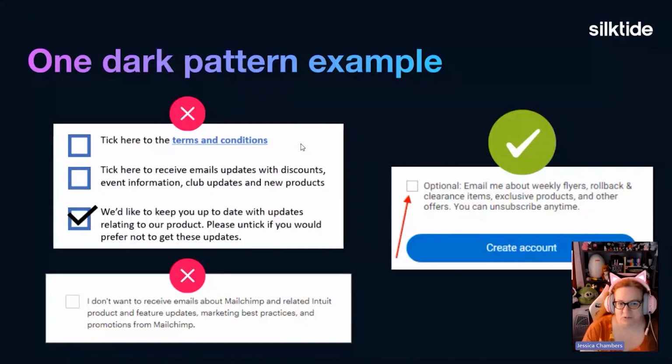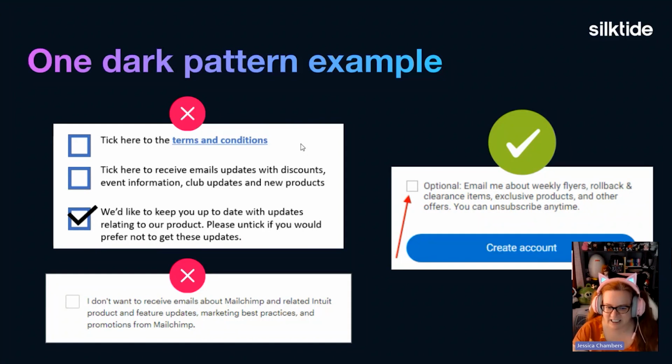And I wanted to give you one dark pattern example because I think one of the better things I can do for the world is tell people about dark patterns so you can see them and go, oh, hey, and not get caught out as easily by them. This is Akatim, so most of us are in the UK. So GDPR explicitly bans this practice, right? You can't have tick this box to say I don't want to receive emails about MailChimp. They're like, you don't get to do that.